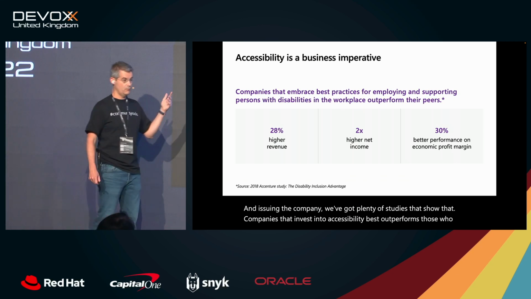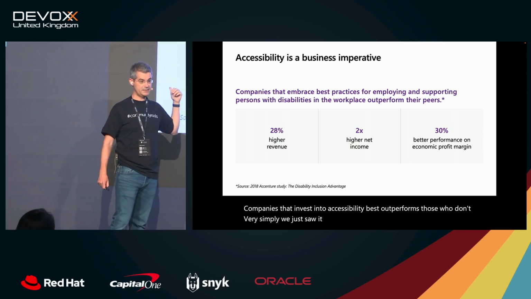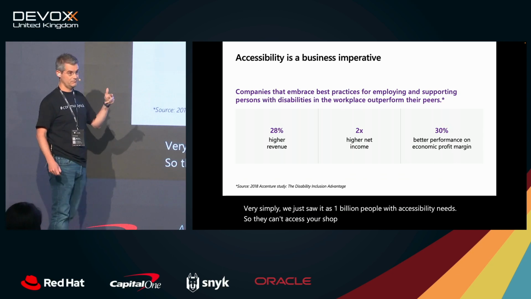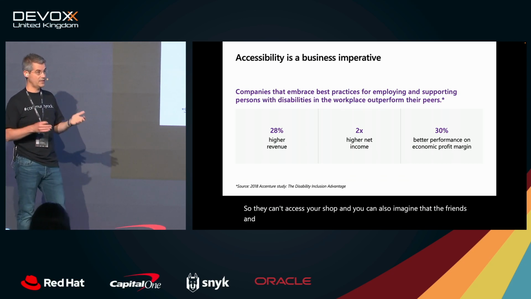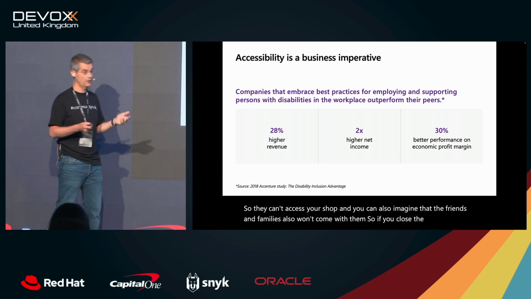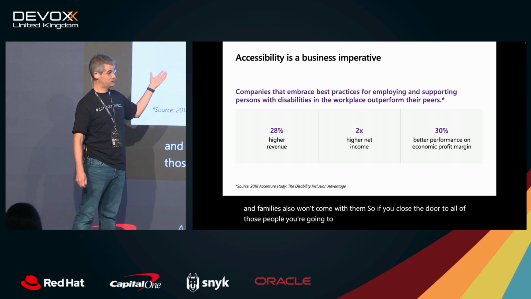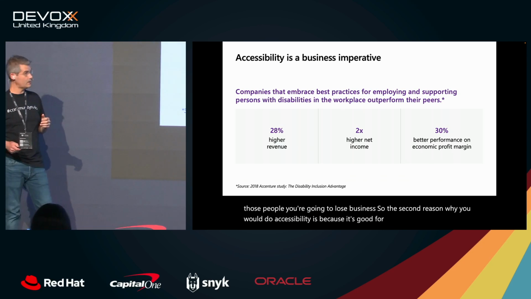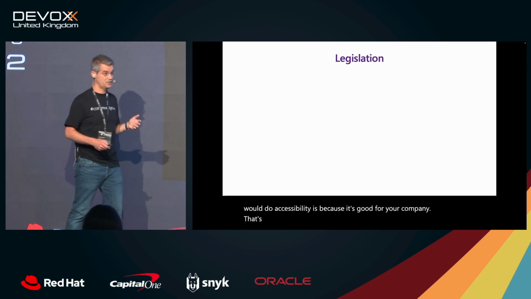Very simply, we just saw there's 1 billion people with accessibility needs, so they can't access your shop. And you can also imagine that their friends and families also won't come with them. So if you close the door to all of those people, you're going to lose business. So the second reason why you would do accessibility is because it's good for your company. The third reason, legislation.